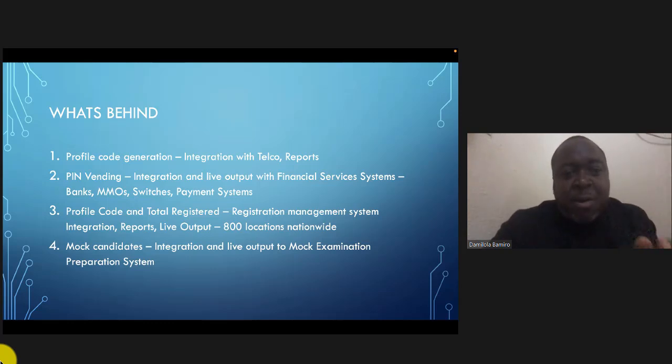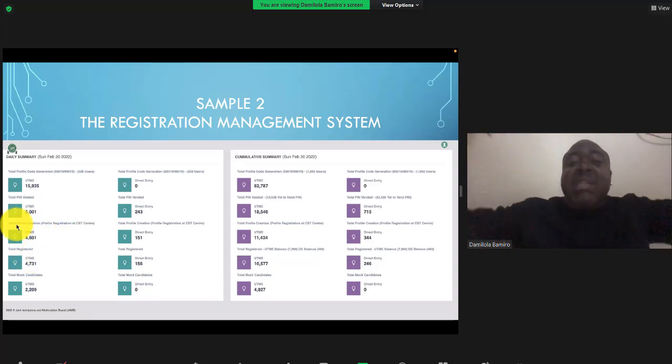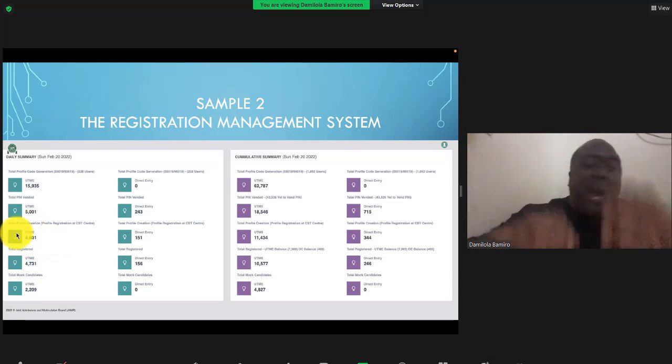Now, if you look at profile code and total generated, it tells you that 4,601 candidates are sitting right now in centers across the country typing their biodata.